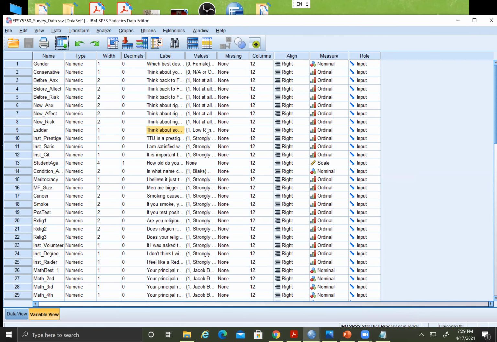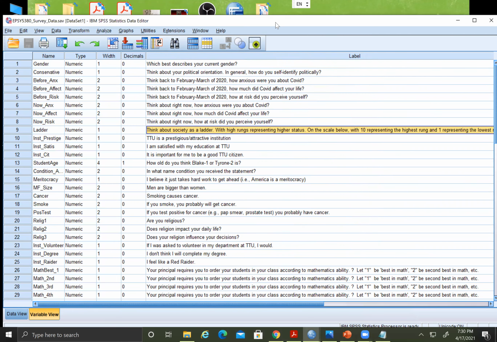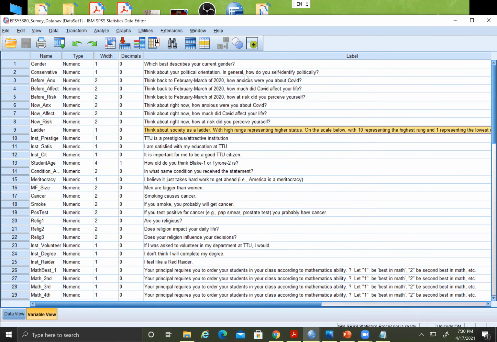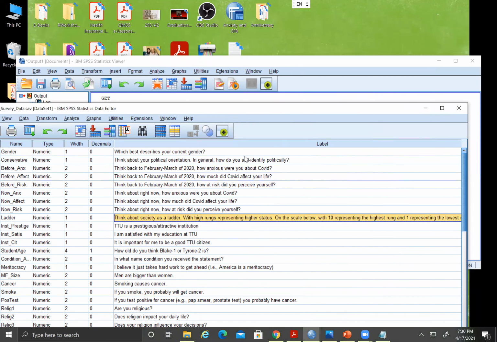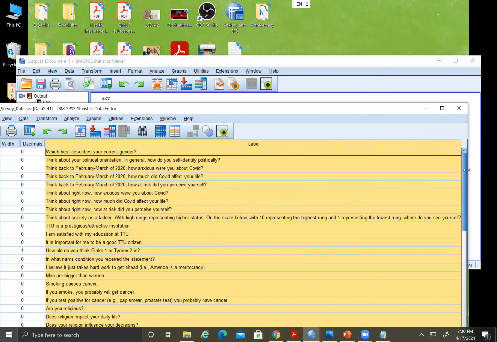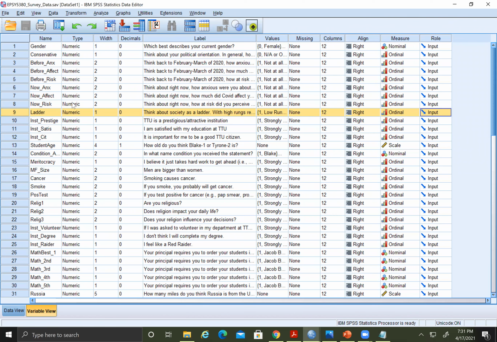Okay, let's take a look. Now it makes this too big. Hold on. All right, so this ladder variable now has possible values from 1 to 10.